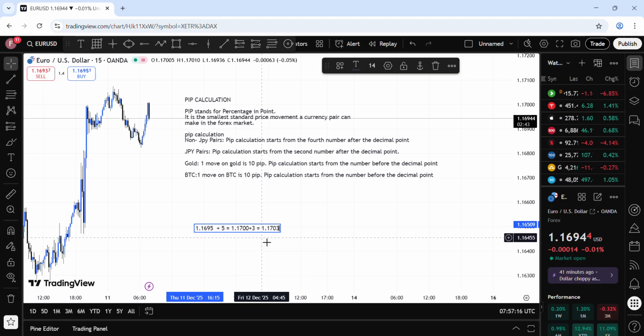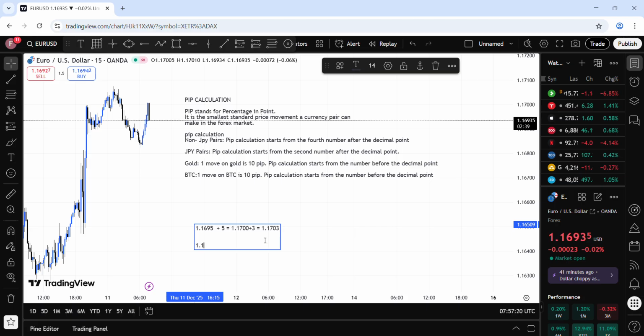Now we have 1.1703. Let's say the market is selling.